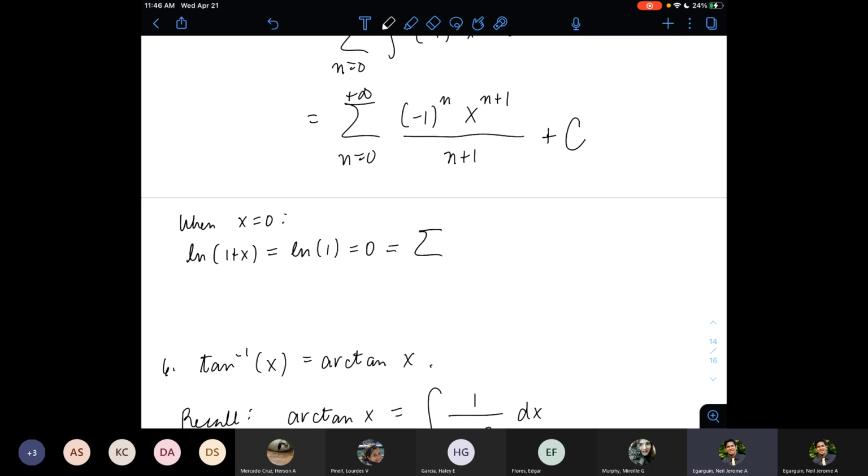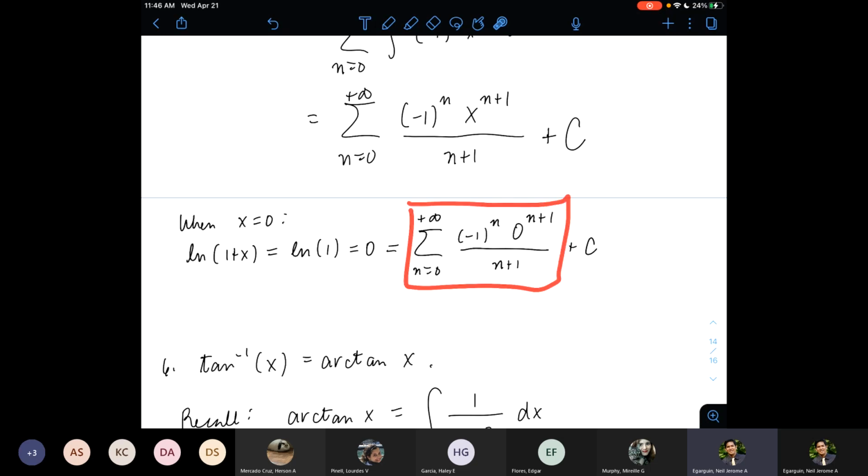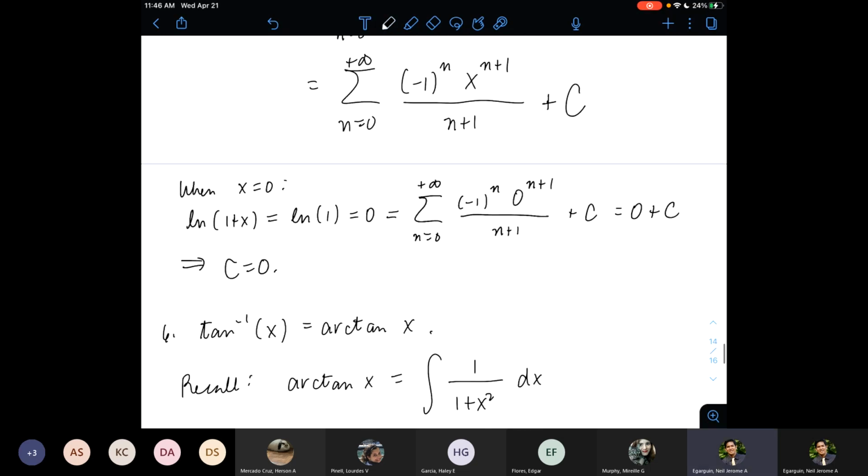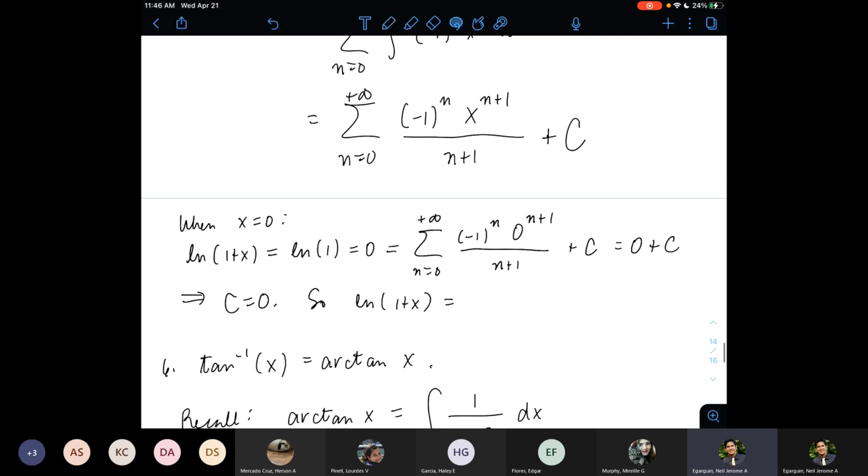And we said this should be equal to the sum of negative 1 to the power n, x, which in this case is 0, to the power n plus 1 all over n plus 1 plus c, going from 0 to infinity, right? But this simplifies to 0 plus c, so that means c must be equal to 0. So the actual expansion for ln of 1 plus x will be this, because c turns out to be equal to 0.